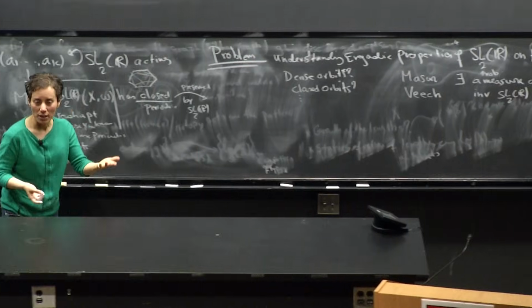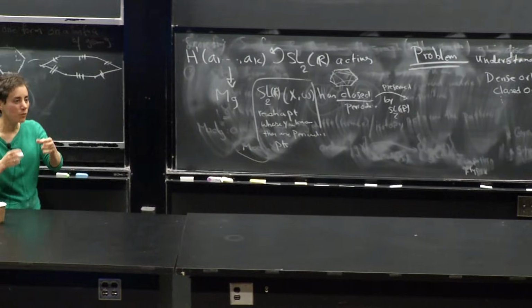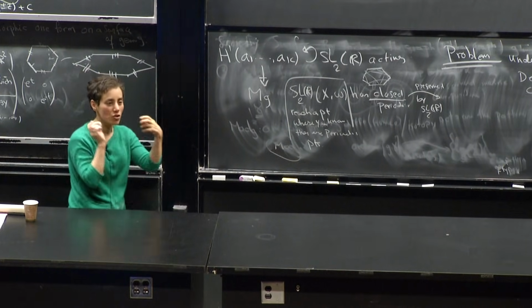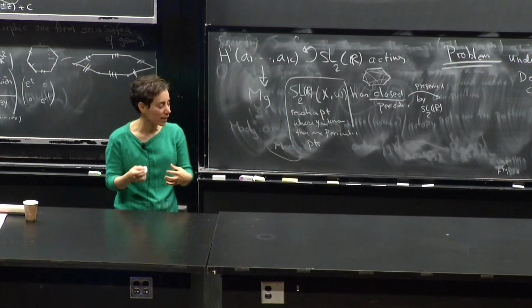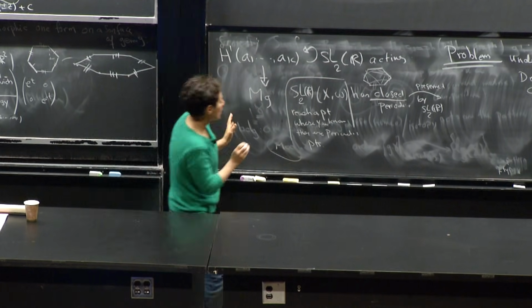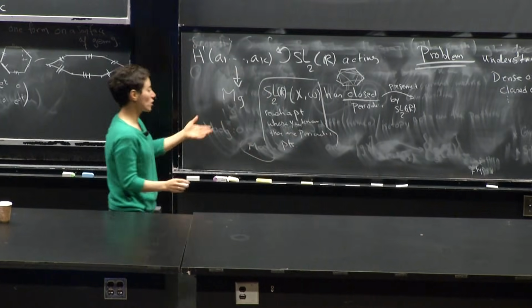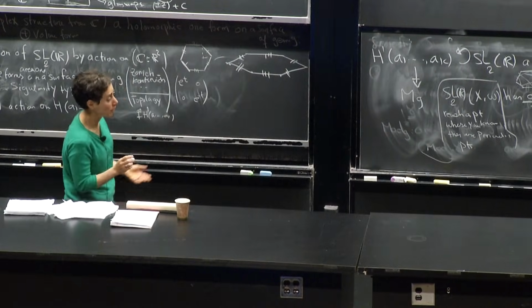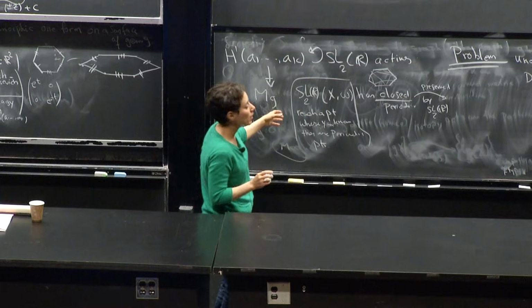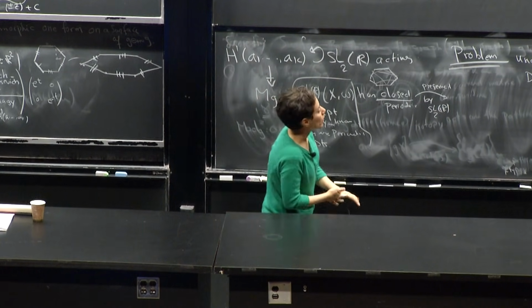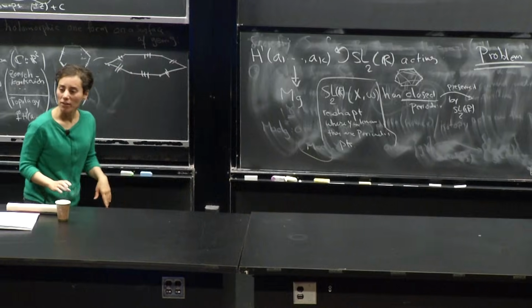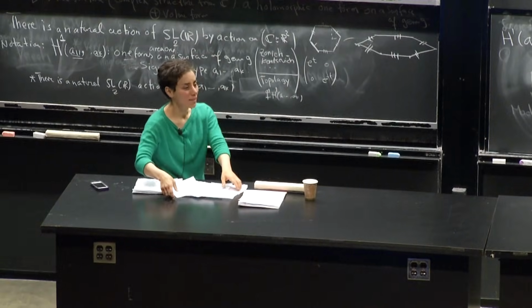It's easier to use SL2R to almost degenerate the surface, and then prove things by induction close to the boundary and pull it back. But basically, having this SL2R action is a crucial point for getting periodic points. Okay, so maybe I'll even state the theorem next time, because I have time.